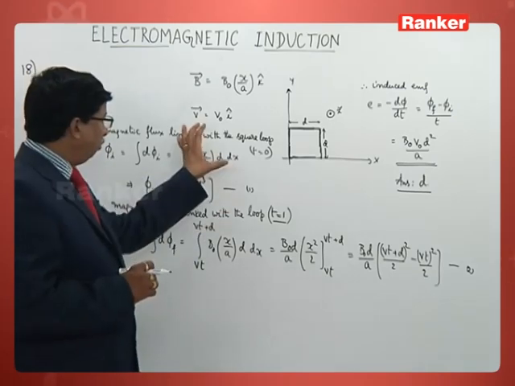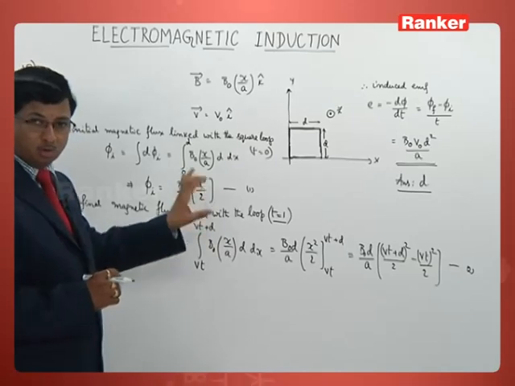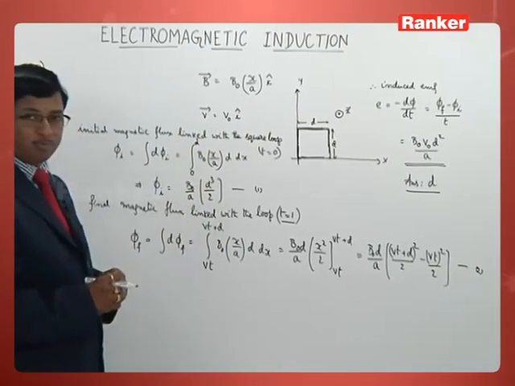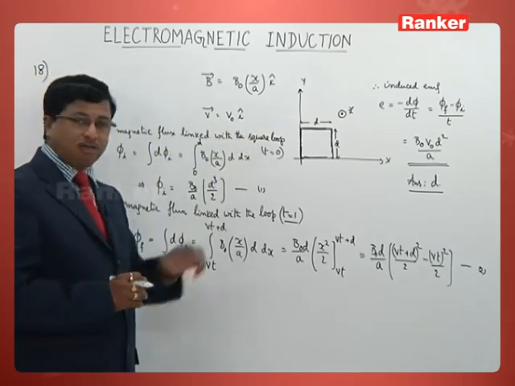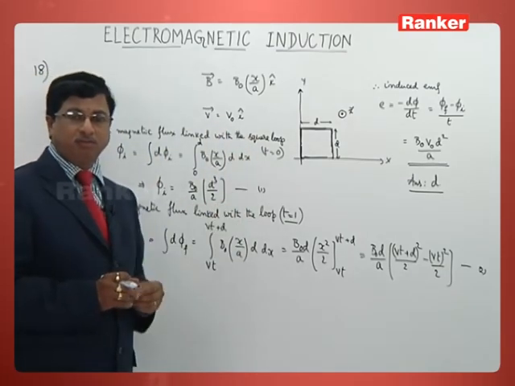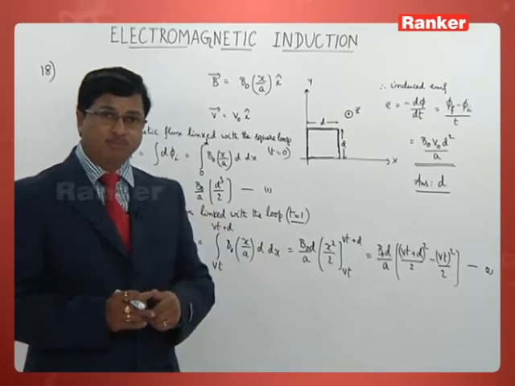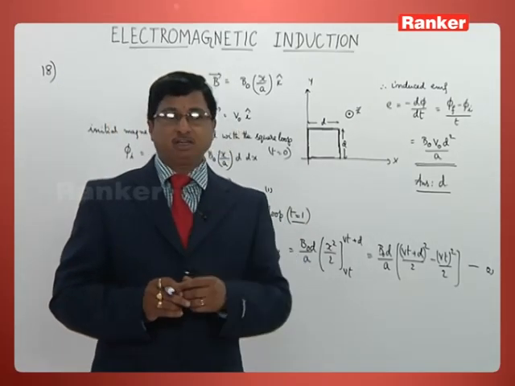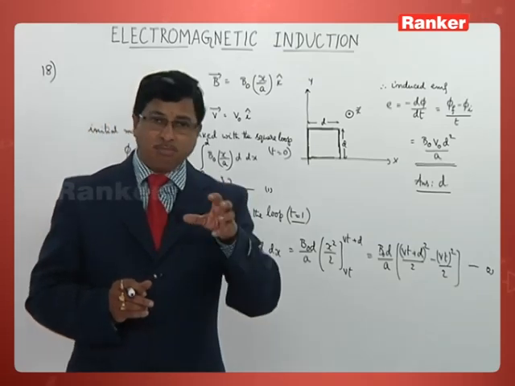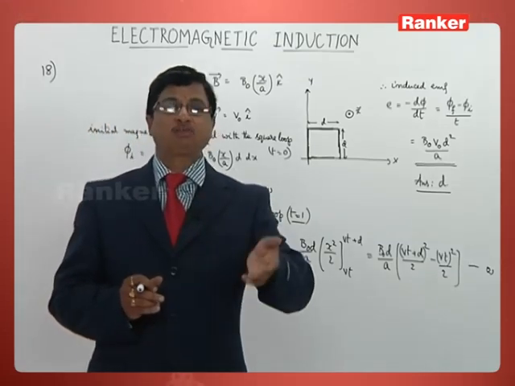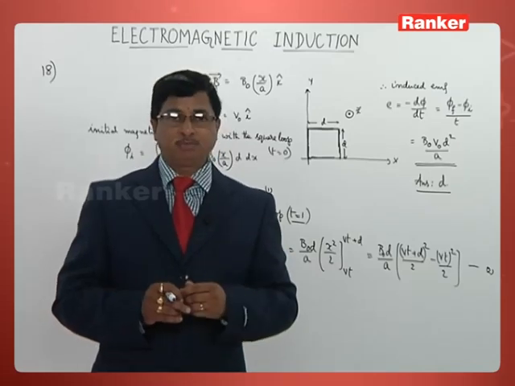So the method you have to adopt, I hope all of you might have followed. First you calculate what is the initial magnetic flux linked with that loop when time taken is 0. After 1 second he is talking, it started moving, therefore in time t is 1, what is the corresponding value? You think it over.